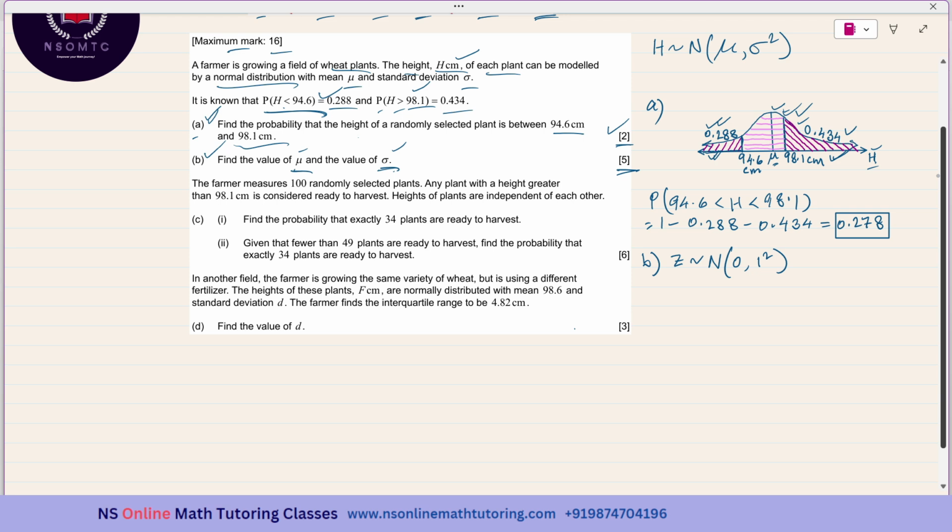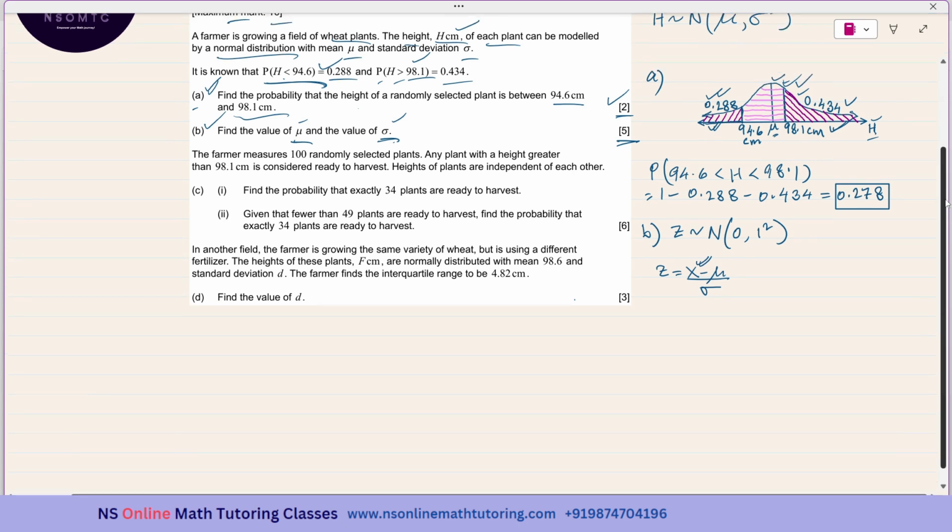The relation between Z and X, which is another normal distribution variable with mean mu and standard deviation sigma, is given in your formula booklet, so you don't have to memorize this. In our question, X stands for the height.